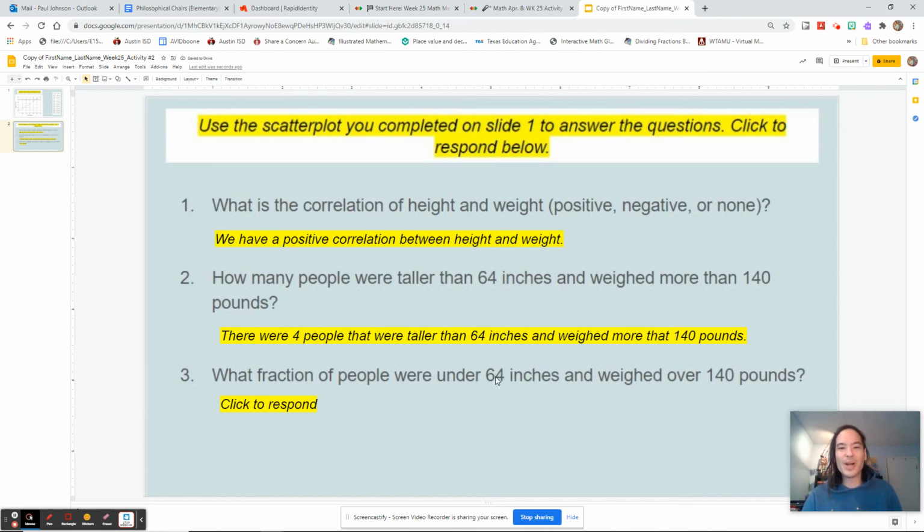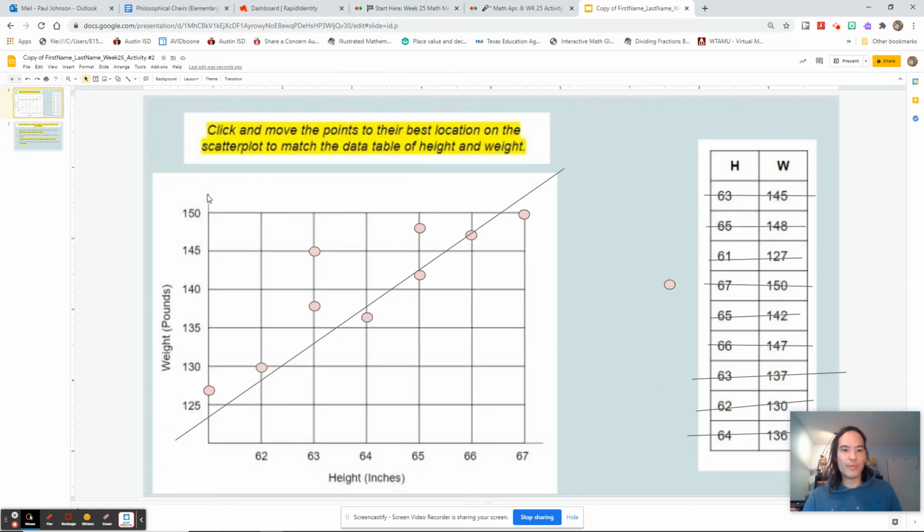What fraction of people were under 64 inches and weighed over 140 pounds? Okay, so we're going to look at this graph carefully because it's under 64 and weighing over 140. So under 64 would be these 1, 2, 3, 4 people. Once again, not weigh under, but measure under 64 inches. All of these people are less than 64 inches tall.